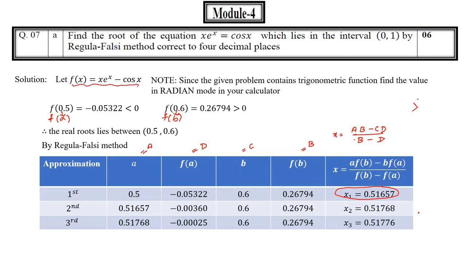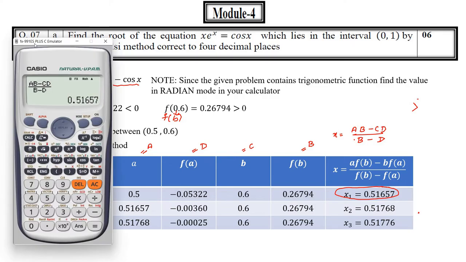Already in my calculator I have typed that expression. I have not erased anything in the calculator. So unless it is the end of the problem, don't press the on button. Always use the AC button for any new work. I will go with the upper joystick here and I will get the equation. See there, I got the same equation.